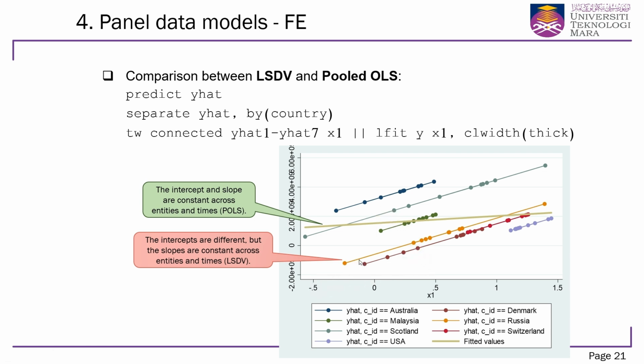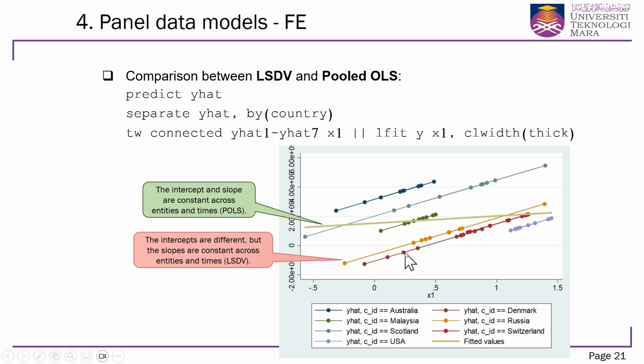It means that in LSDV, we allow unique characteristics between countries, or the unobserved heterogeneity, to exist in the model, and we capture it via different dummy variables. And therefore, we get the much steeper slope of these fitted lines.